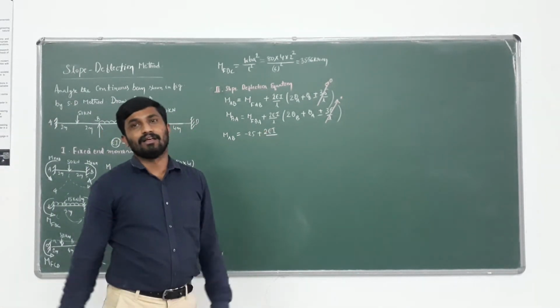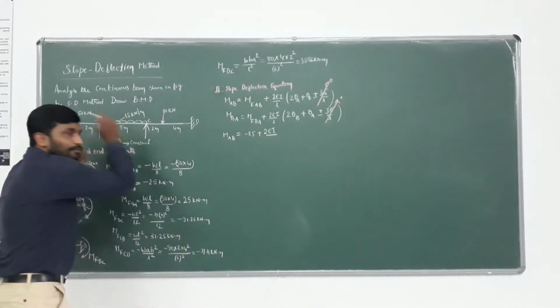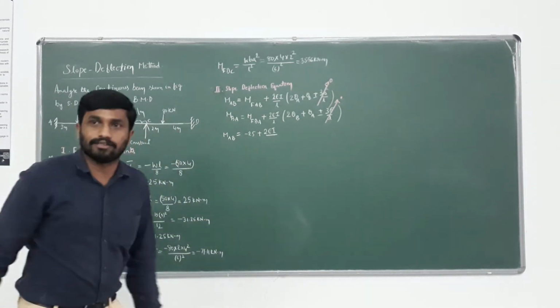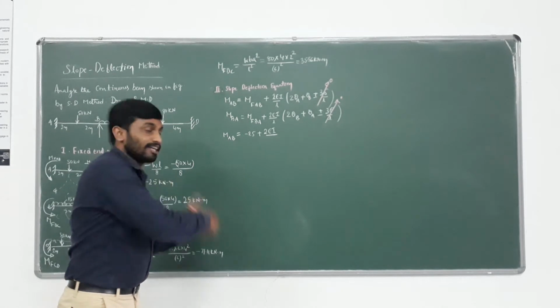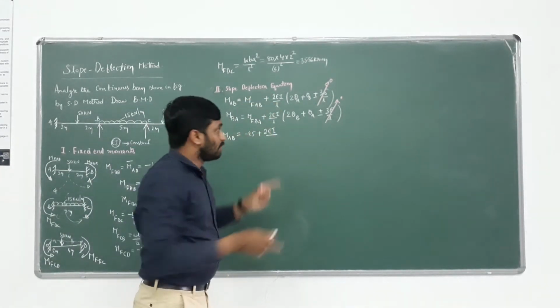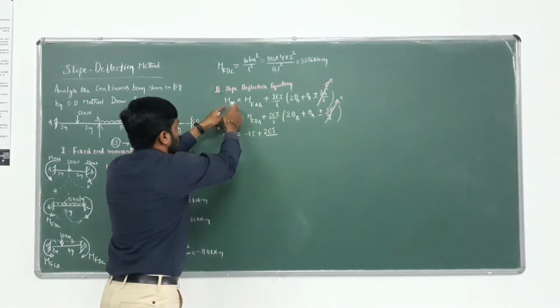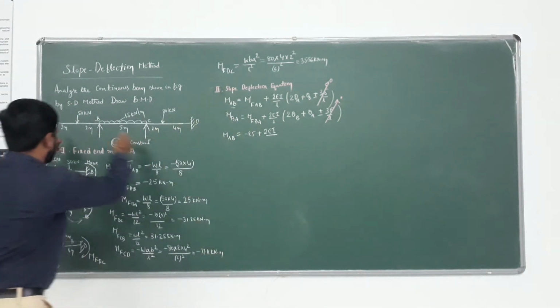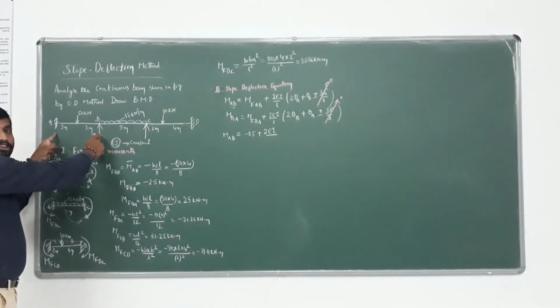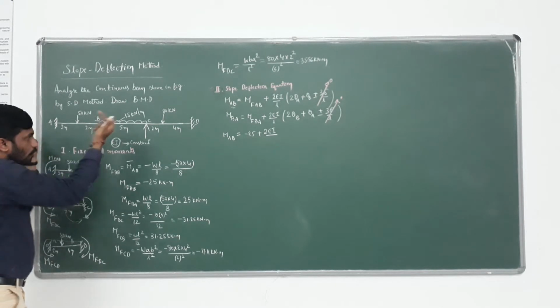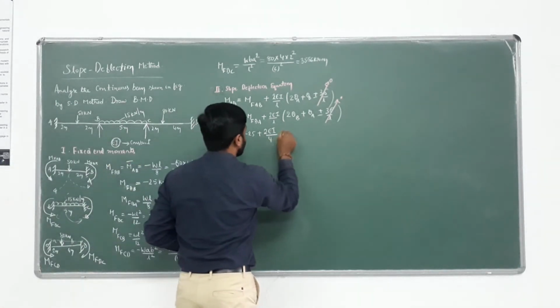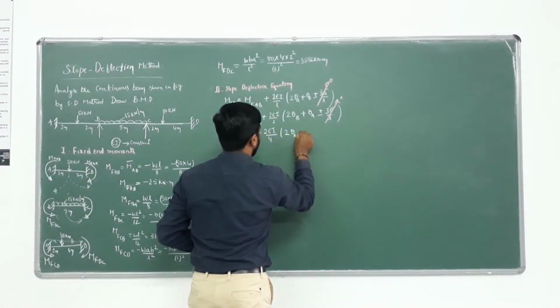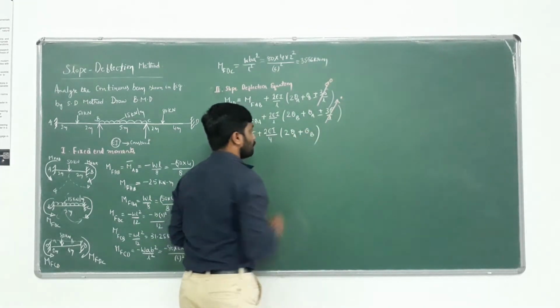But in this case, I have clearly mentioned EI is constant. When the EI is constant, take EI the same. EI by L, what is L? I am talking about AB. What is the total length of AB? 4. 2EI by 4 into 2 theta A plus theta B.